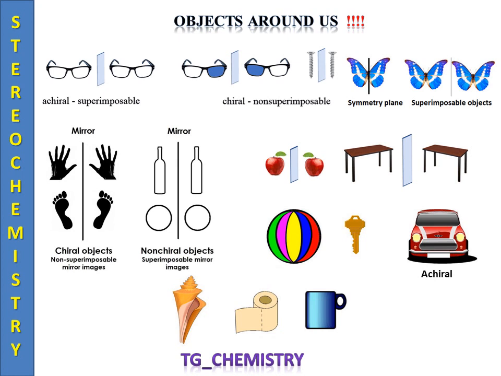Similarly, the other achiral or non-chiral objects like the bottles, circles, cars, tissues, those are achiral. Whereas if you see our hands, similarly our feet, those are non-superimposable mirror image isomers. Those are enantiomers. So those are chiral objects.